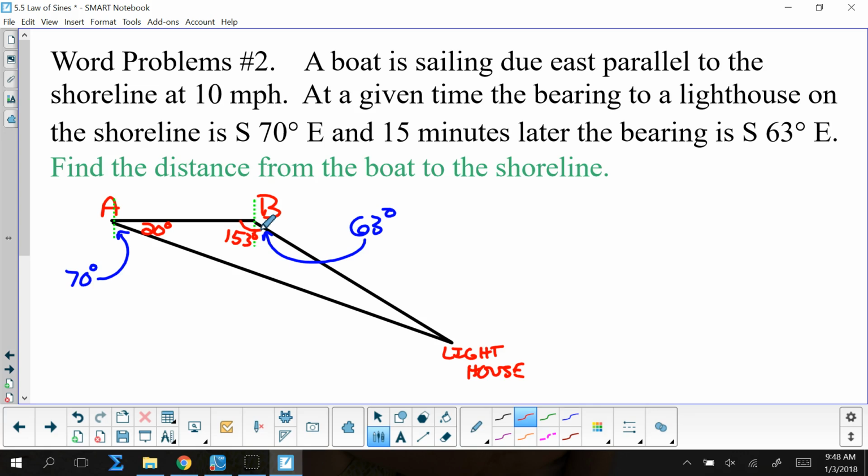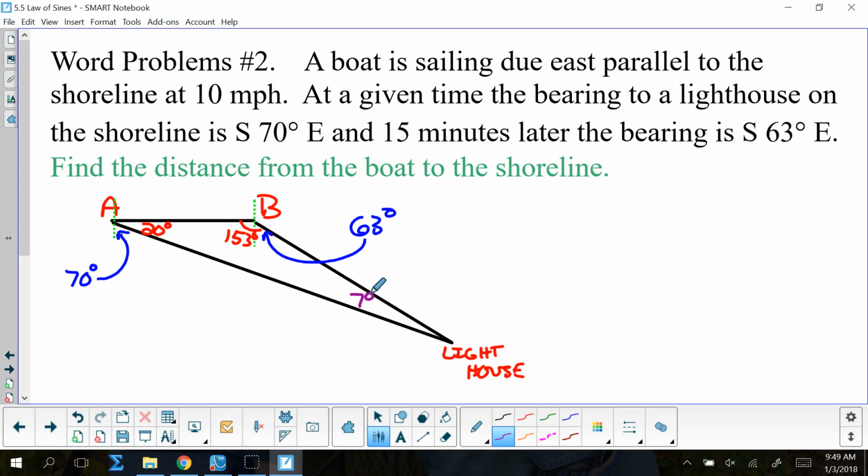If you've got a triangle where one angle is 153 degrees and the other angle is 20 degrees, 180 minus 153 is 27, minus 20 leaves me with a 7-degree angle down there. Okay?